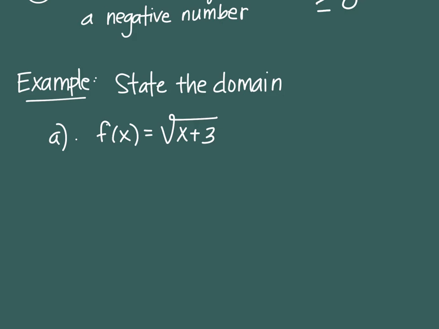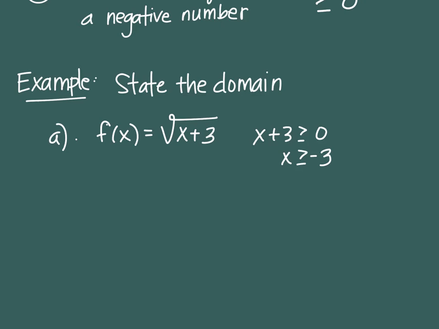So we're going to take x plus 3. We're going to take the symbol that goes with square roots, which is greater than or equal to 0. And then you do the math to both sides. And what do you get? X is greater than or equal to what? Negative 3. That is called the domain.